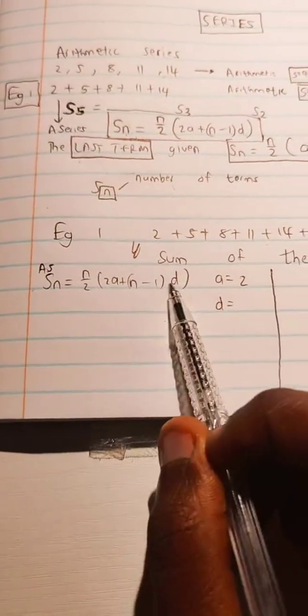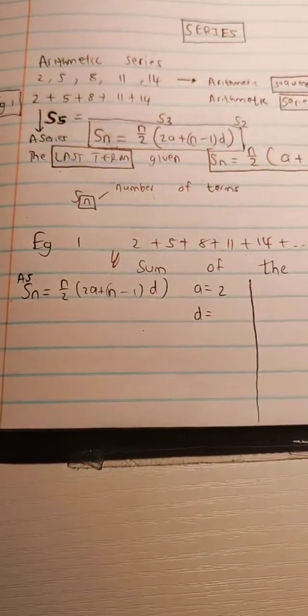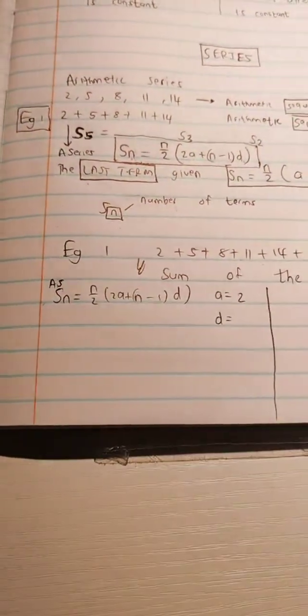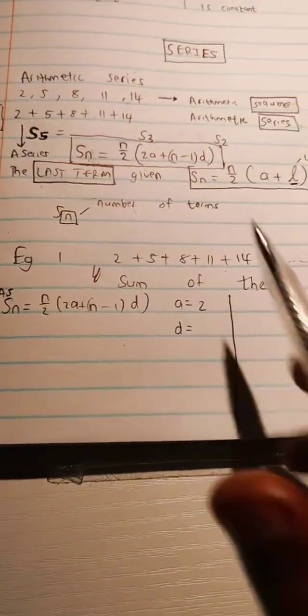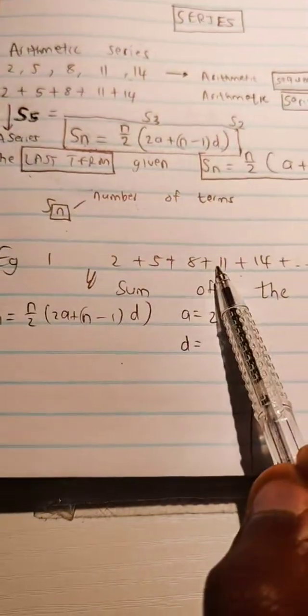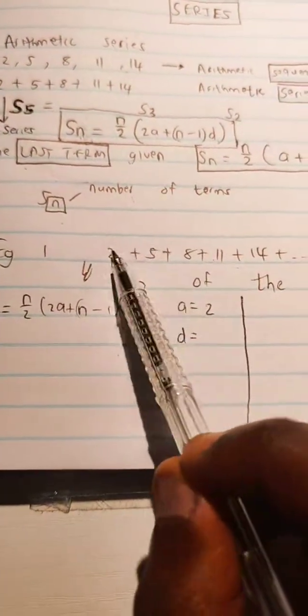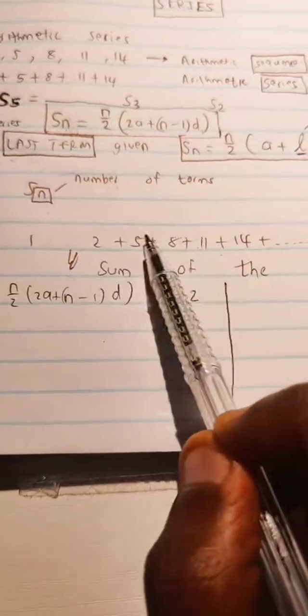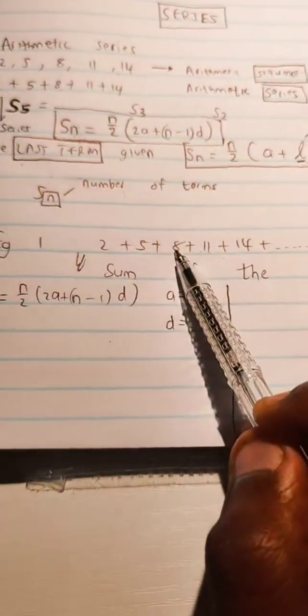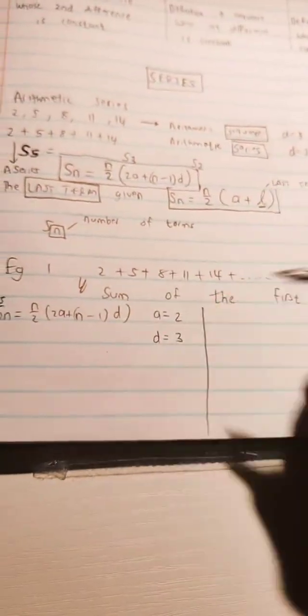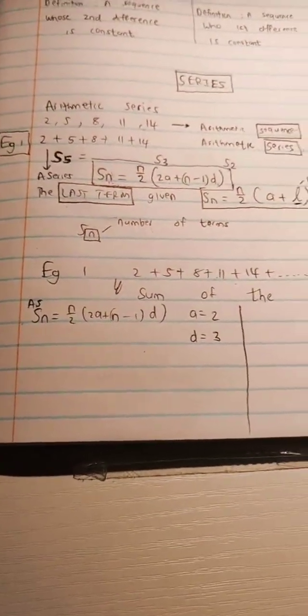What is d? We need d as well, right? Just for the sake of this particular problem and the method that we are using. Since this is arithmetic, we get d by saying t2 minus t1. We get 8 minus 5, which is 3, 11 minus 8, which is also 3, so therefore d is 3. What do we want?